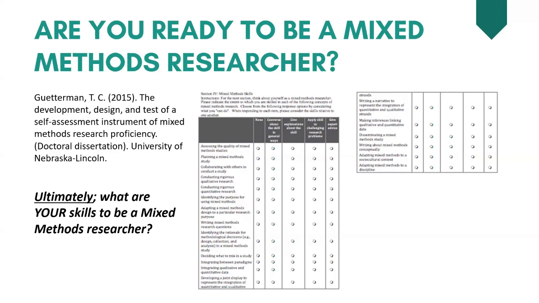And this is a simple, I want to call it a checklist because it's not really an analysis, okay? But it is a checklist as to whether you have the necessary skills to become a mixed methods researcher.